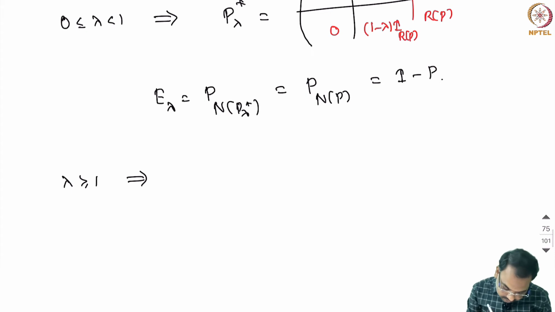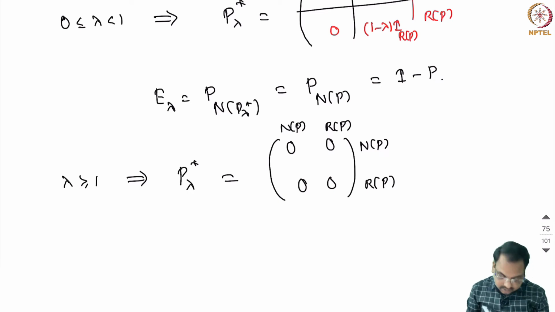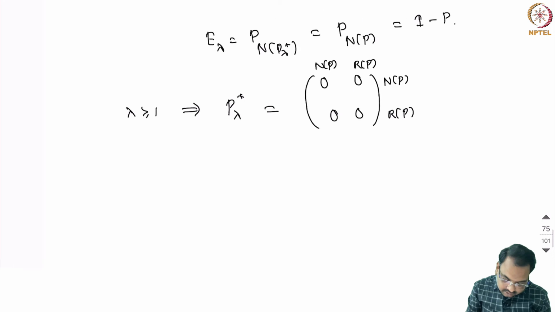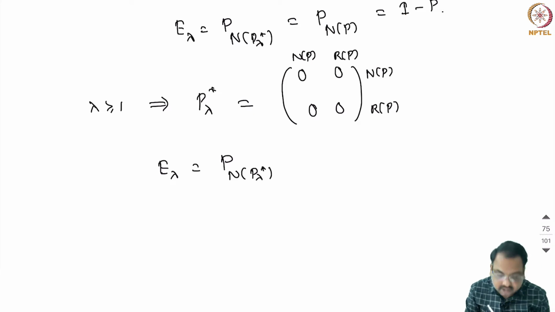So P lambda plus you will get 0 0 0 0, with respect to the null space of P and range of P. So in this case P lambda is 0, P lambda plus is 0, that means E lambda is the projection onto the null space of P lambda plus, but the null space of P lambda plus is the full space, so this is the projection onto the full space, this is identity.